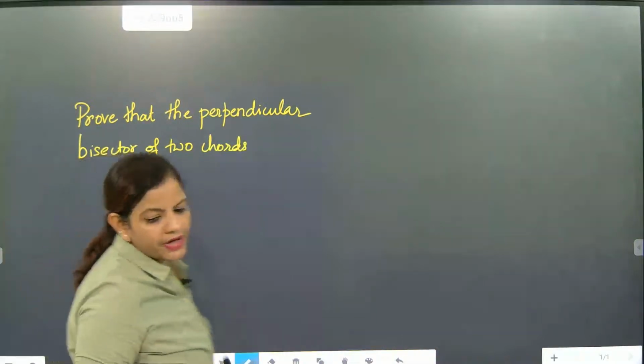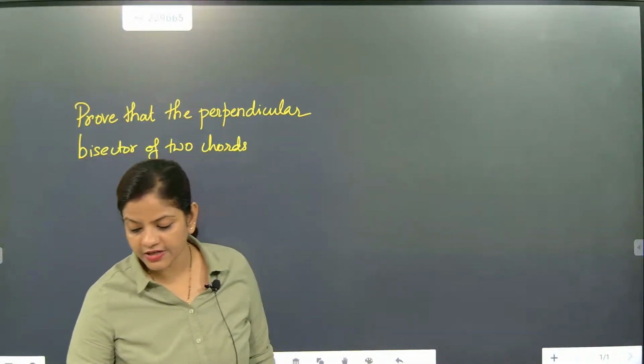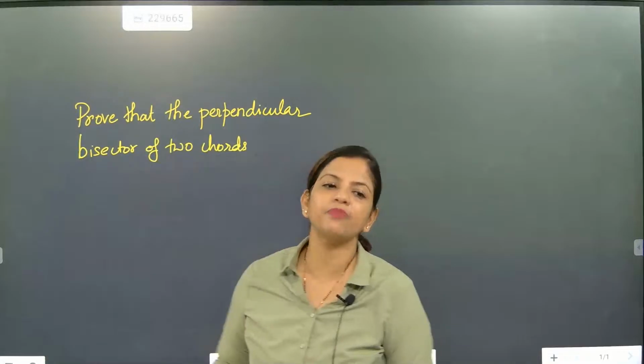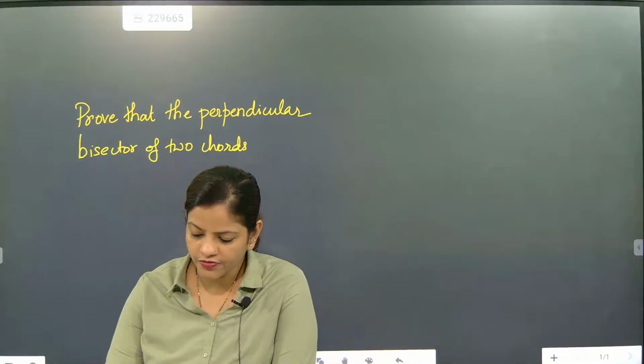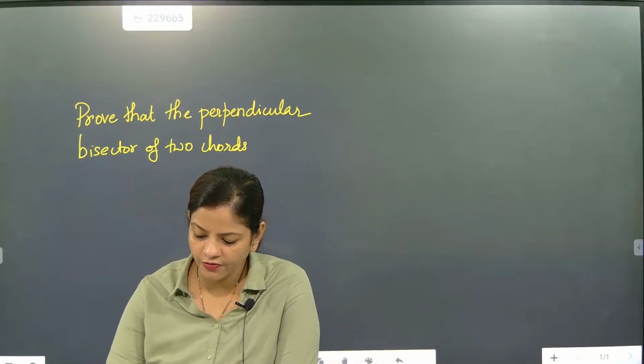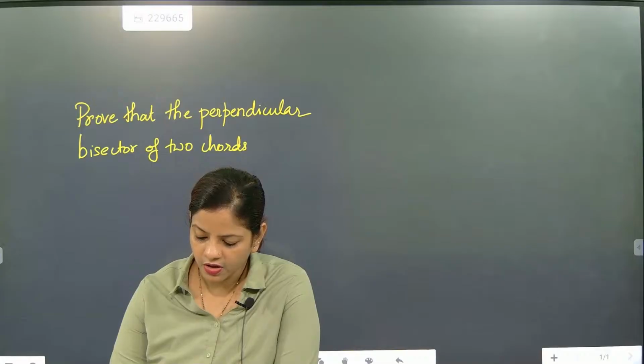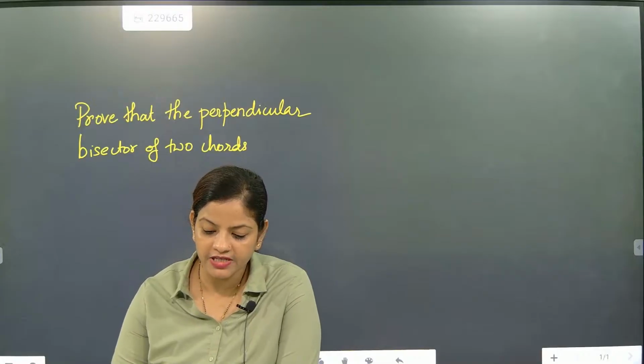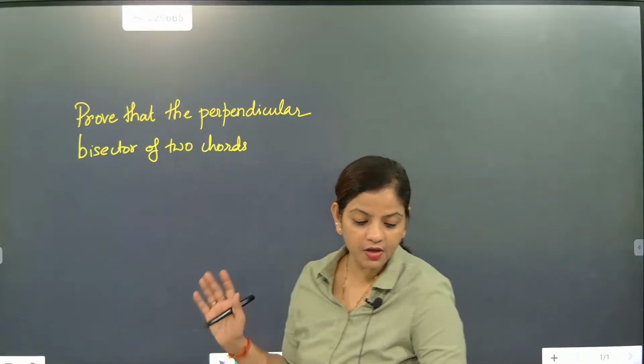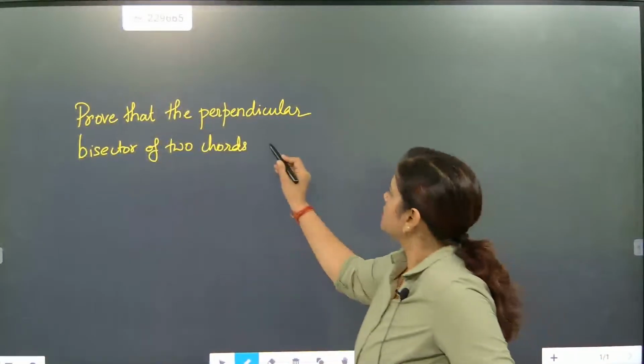Prove that the perpendicular bisector means, beta, which bisects it perpendicularly. Write down, prove that the perpendicular bisector of two chords of a circle.